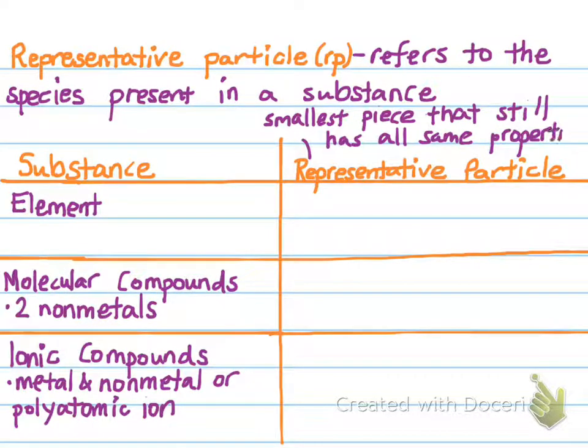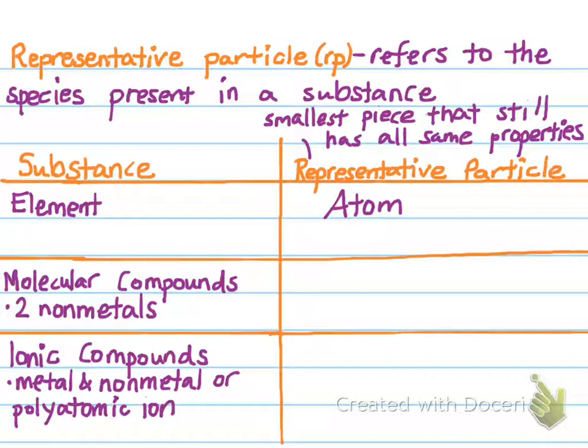So we have talked about representative particles before. We just didn't necessarily call them representative particle. So if we have a big chunk of element and we want to chop it up into smaller pieces, and we want those smaller pieces to still have all the same properties of that element, remember that smallest piece is called an atom. So the representative particle of an element is an atom.